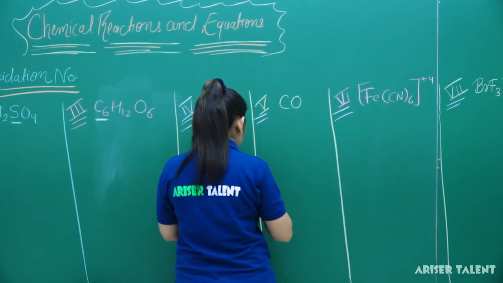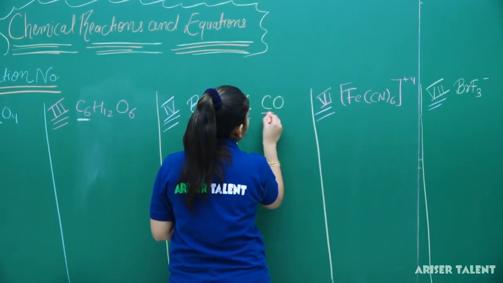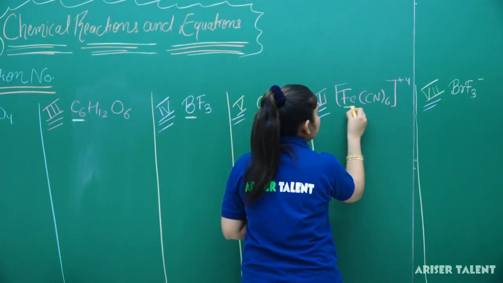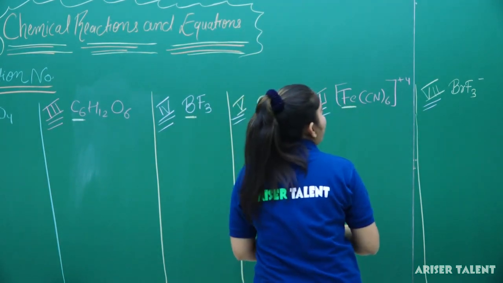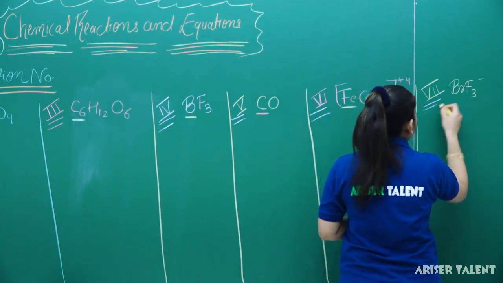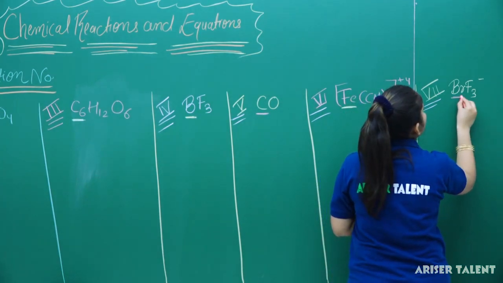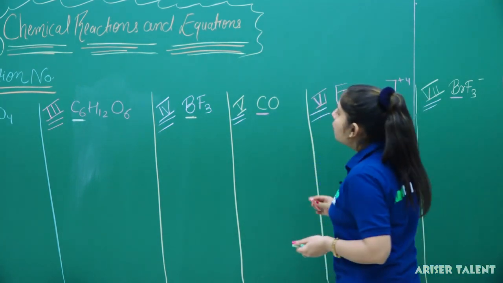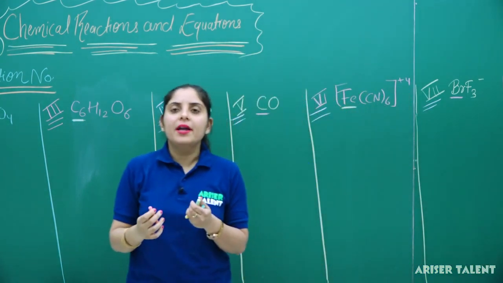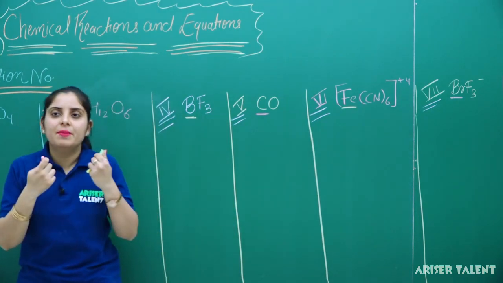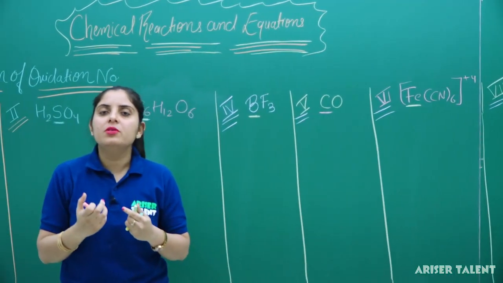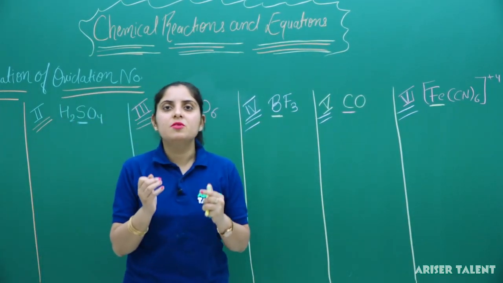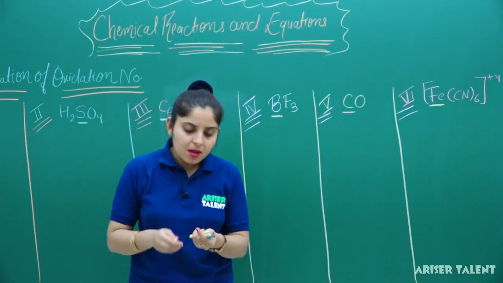In carbon monoxide, the oxidation number of carbon. In FeCN6, the oxidation number of iron. And last, in BrF3 negative, the oxidation number of Br. So now we will try to find out the oxidation number of all these elements. But before this, we have to write some important rules or steps for calculating the oxidation number of the element.